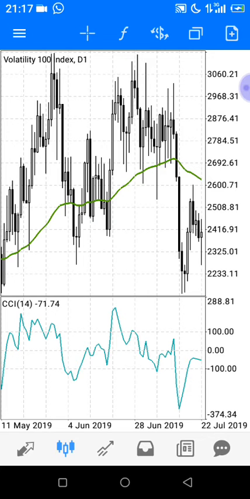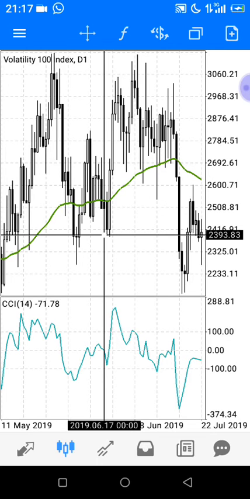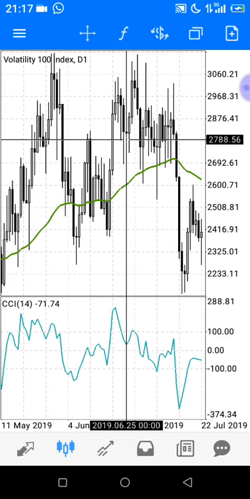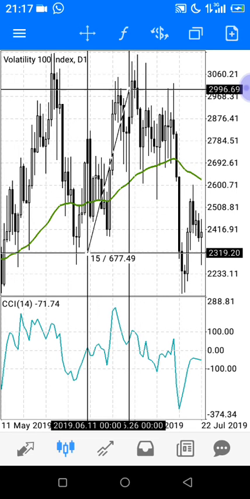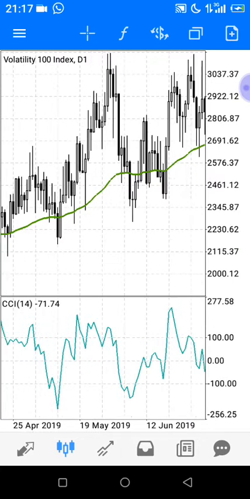The market kept buying for a number of days, and you could have collected a lot of pips there. I don't have my calculator right now, so I cannot calculate the number of pips, but you can do that on your own time, how many pips on average you can collect.